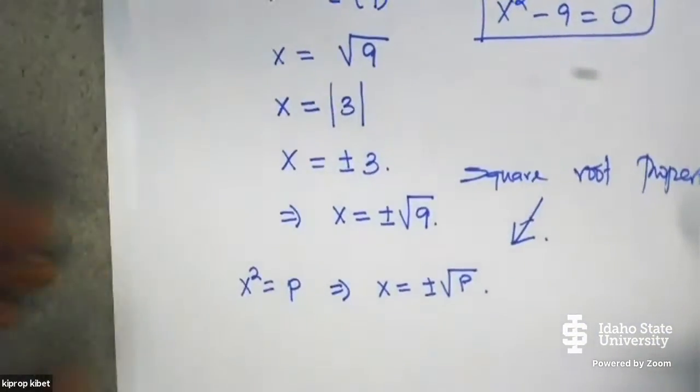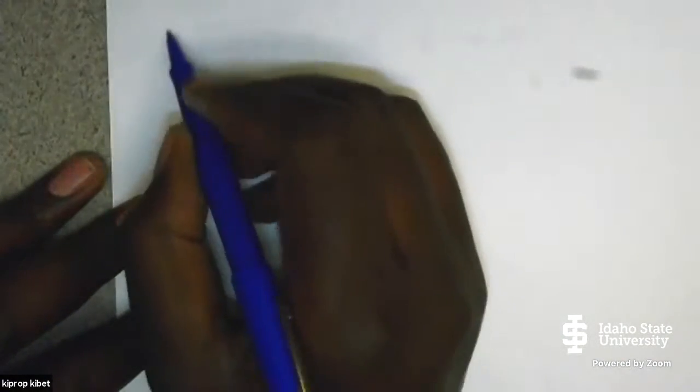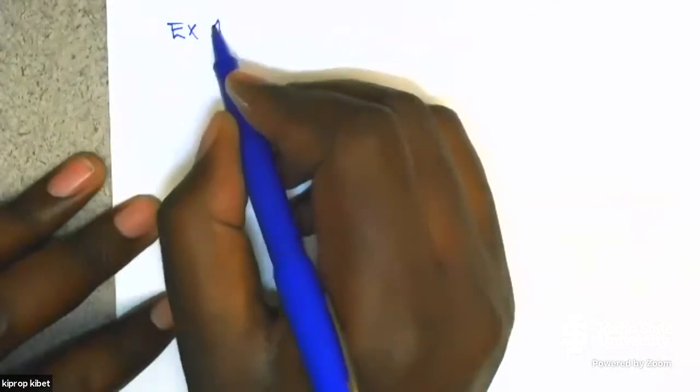Right. Now, let's come to the next example on how we can use the square root property to solve the quadratic equation. Example number 1.